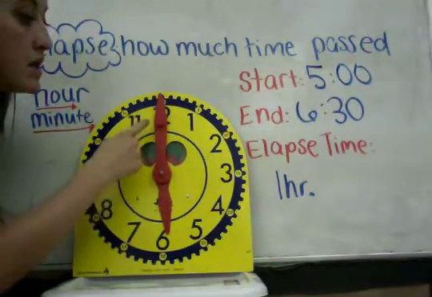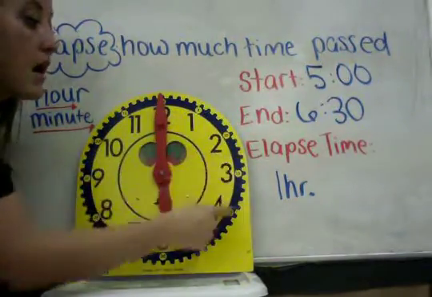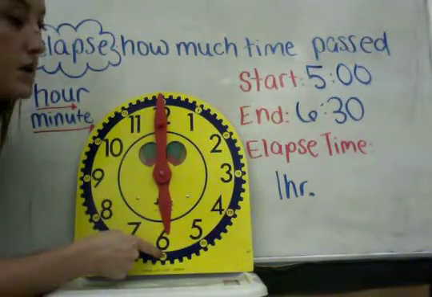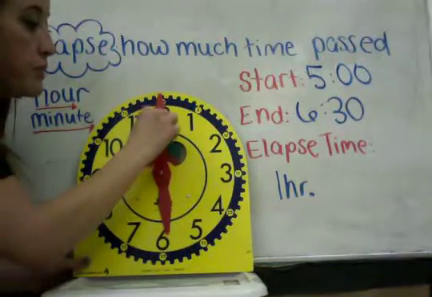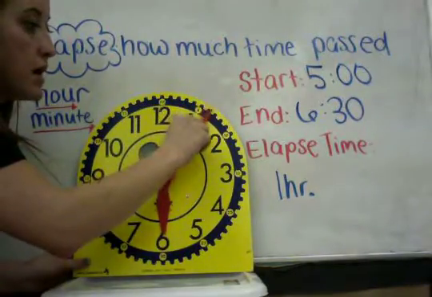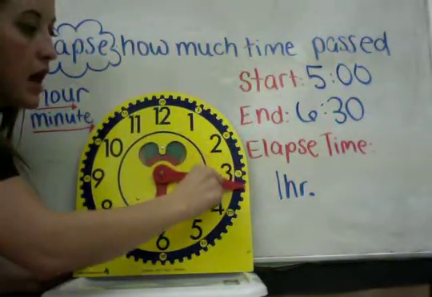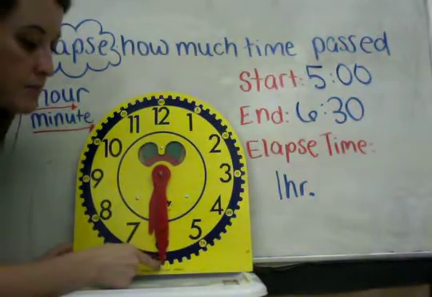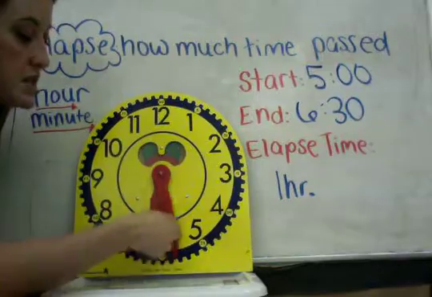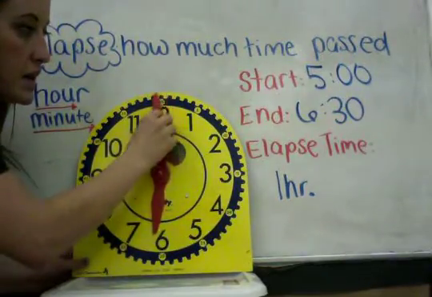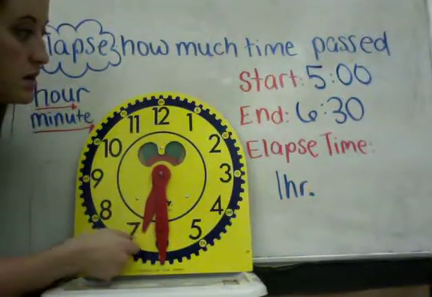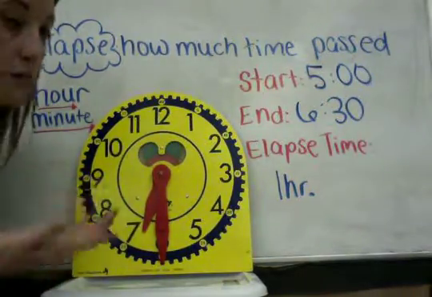We need to continue counting until we get to 6:30. So if this was 1 hour, and I have to move my minute hand around the clock until it gets down to the bottom to say 6:30. How much time has passed from 6 o'clock to 6:30? Right, 30 minutes.